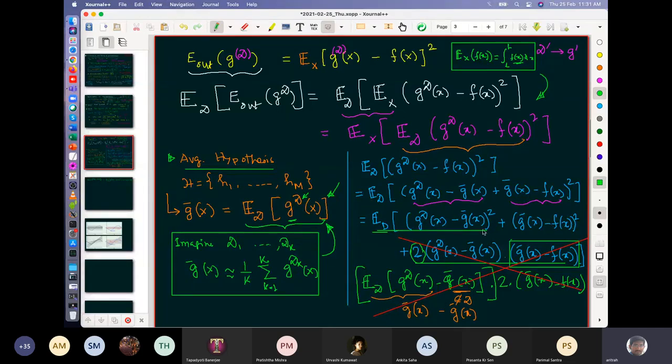This term is devoid of any D, so we just separate it out. The calculations you can do yourself and get the same thing.